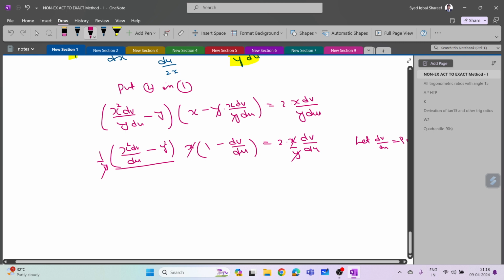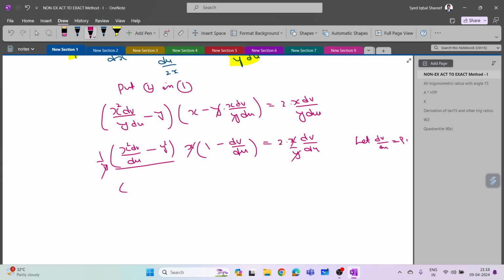So x² is u, y² is v, so u·p1 − v(1 − p1) = 2p1.